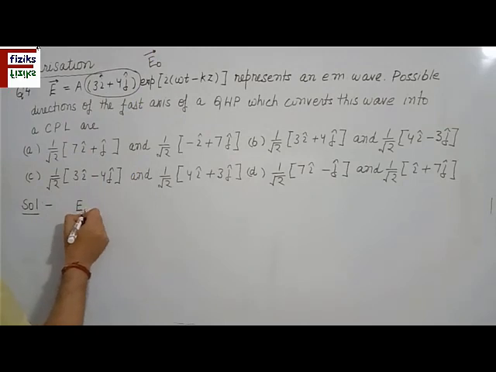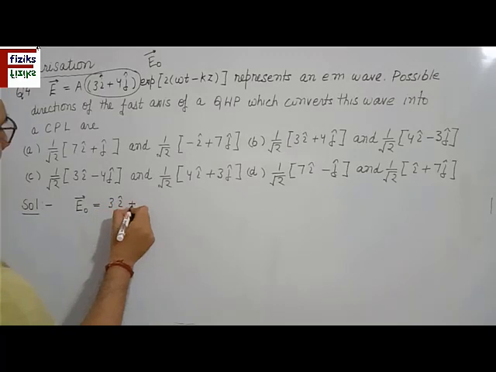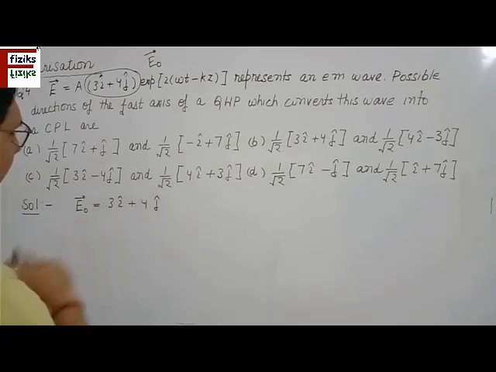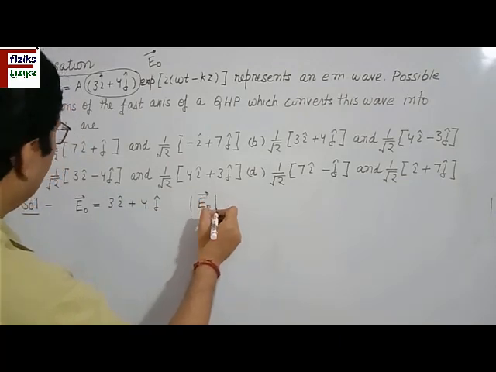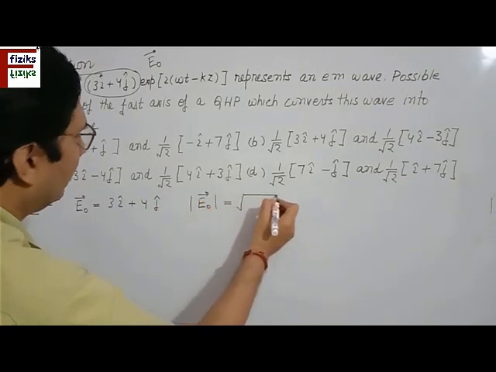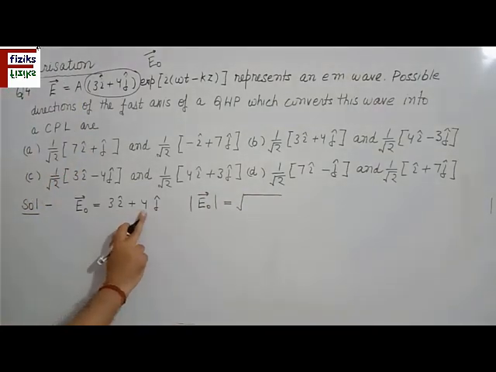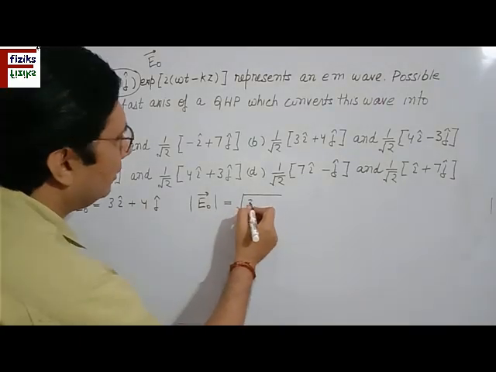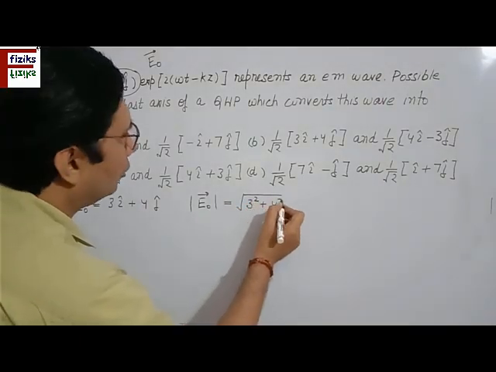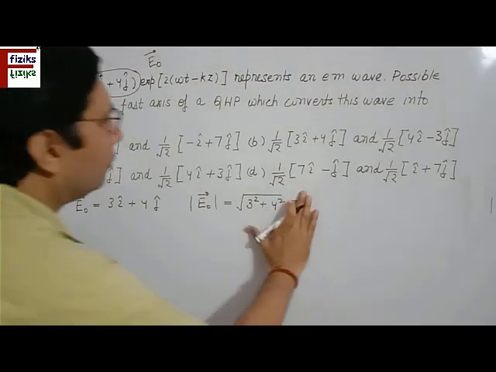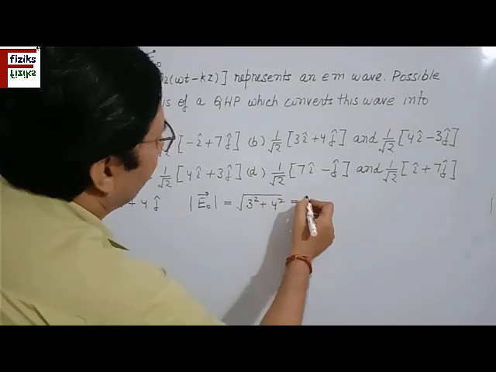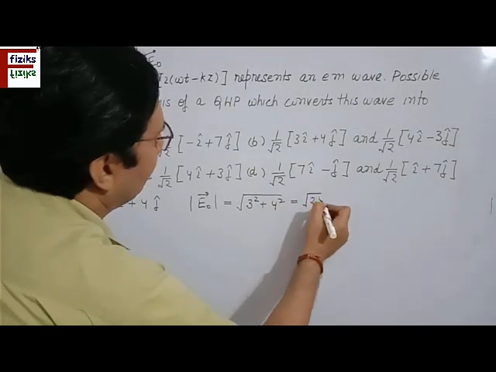So I am writing E0 equal to 3i plus 4j, and the mode of E0 will be equal to under root 3 square plus 4 square. 3 square is 9 plus 4 square is 16, so this is equal to 5, or you can write it as under root 25.